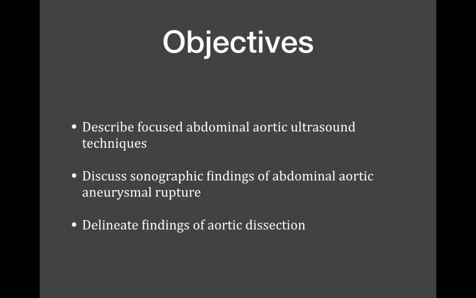Objectives for this talk: we're going to talk about how to do this, basic techniques. I have some pearls I'm hoping everyone can take home with them. We're going to talk about rupture, and this is really the crux of the talk. The advanced topic is detection of rupture. We're going to get into some other more advanced stuff like finding abdominal aortic dissection.